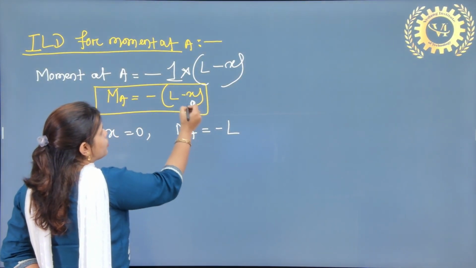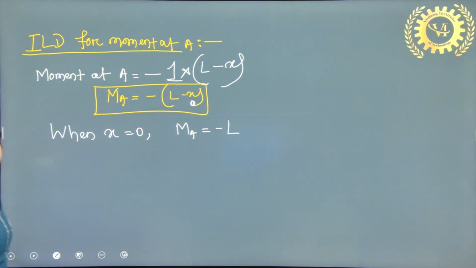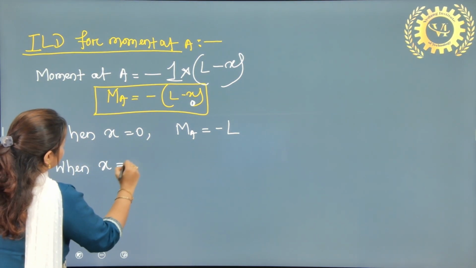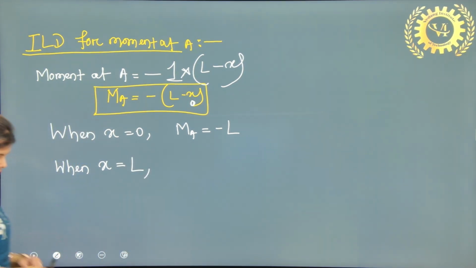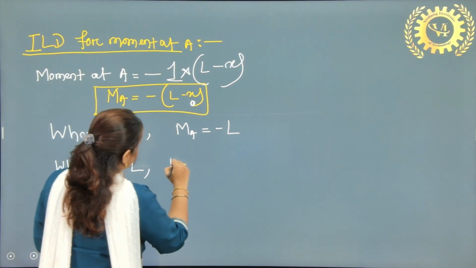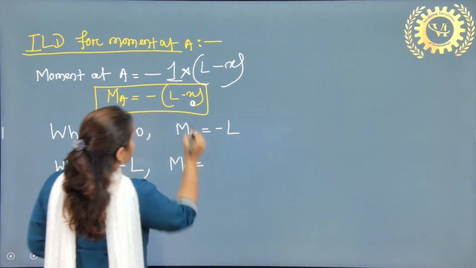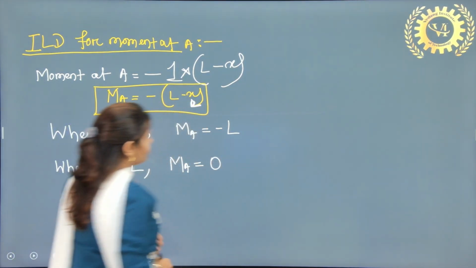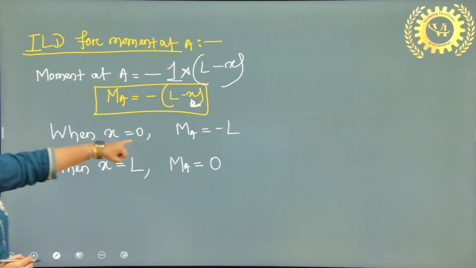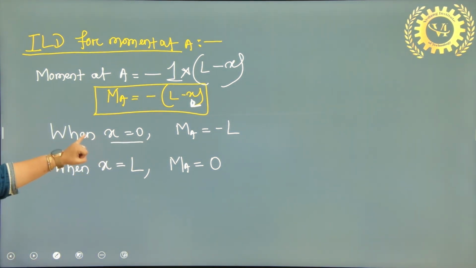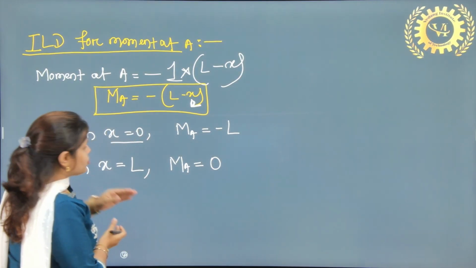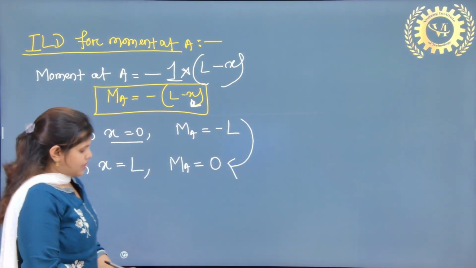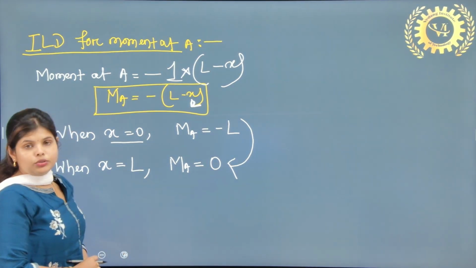This L minus 0 is L, so minus L. When x equals L, this value I can write here: L minus L is 0. Now you can see this x value changes from 0 to L, and here the value also changes, from minus L to 0.